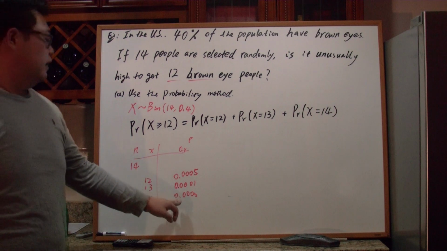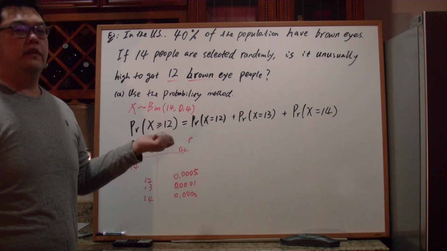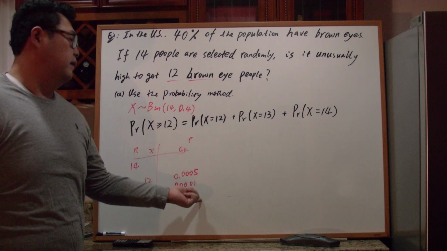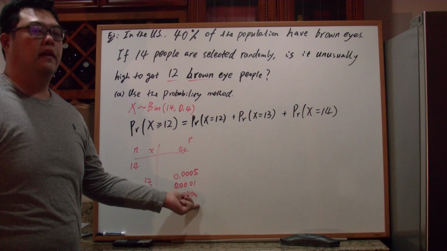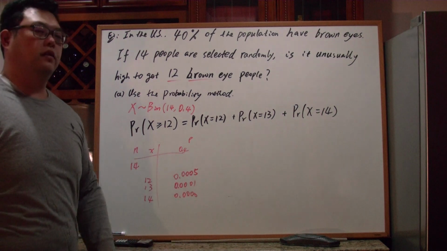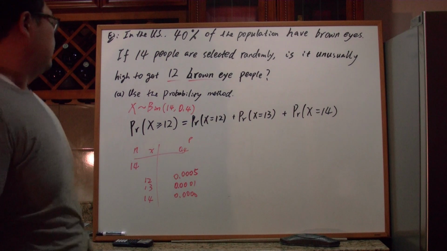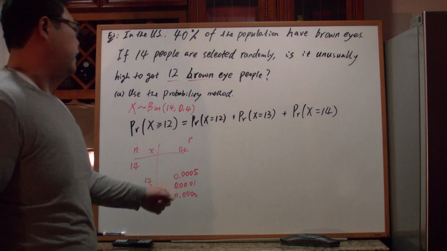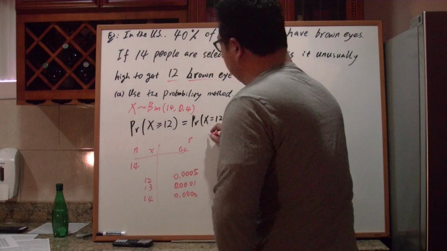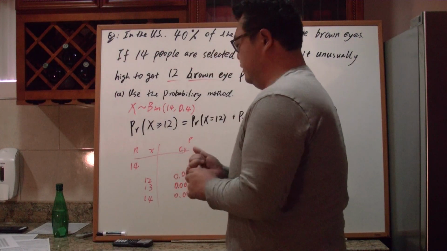Here 0.0000 means maybe the fifth digit is smaller than 5, or maybe the rest are also zeros until the first significant figure. But that's what we have, so just copy from the table.